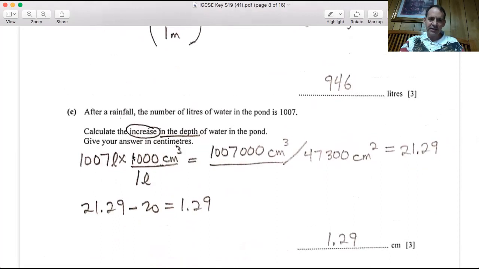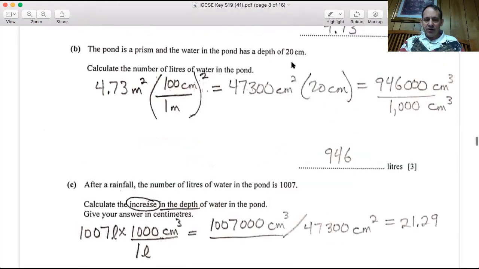So for each liter, it's 1,000 centimeters cubed. So multiply by 1,000. So that gives us 1,007,000 centimeters cubed. Notice we're going to divide by the area because the surface area has not changed. It's only the depth that changed.